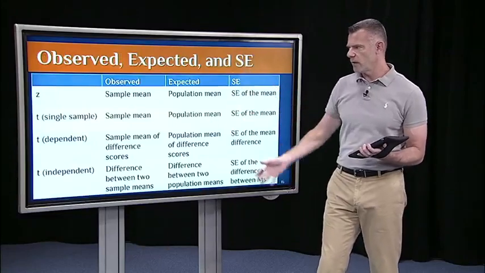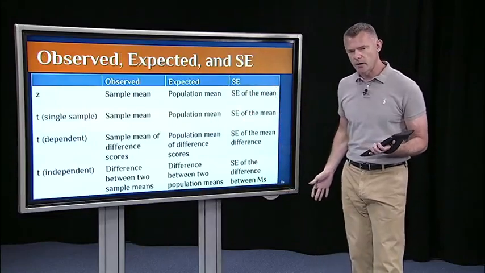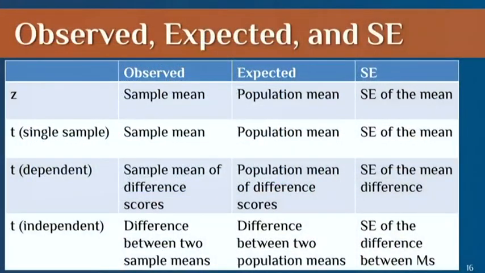This just provides you with a summary of what the observed, expected, and standard error values are across these four tests. So we have Z, T single sample, T dependent, T independent. The observed in both Z and single sample T is just the sample mean, and you're comparing it to the population mean, and you get the standard error of the mean.